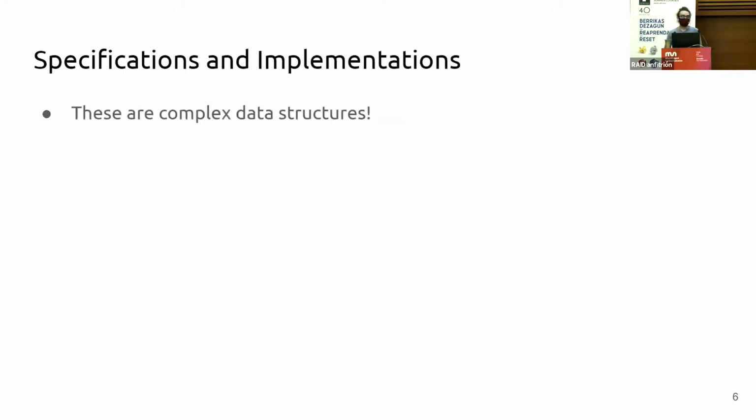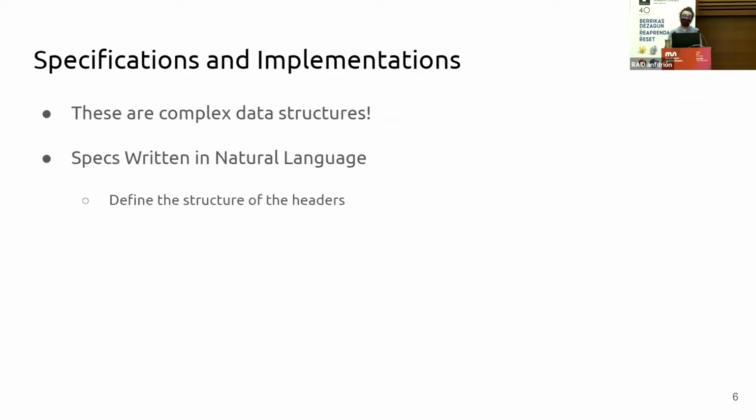Now, as you can see, these are complex data structures, and the specifications are written in natural language, and they do a very good job in defining the structure of the headers, the meaning of the fields, and what their possible values are.